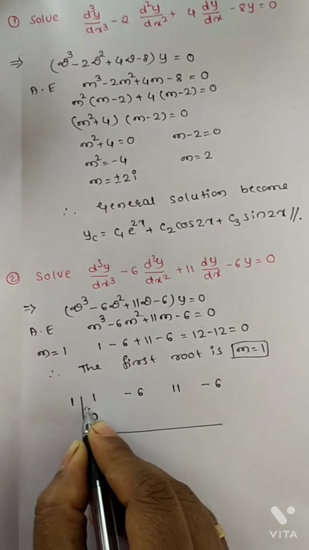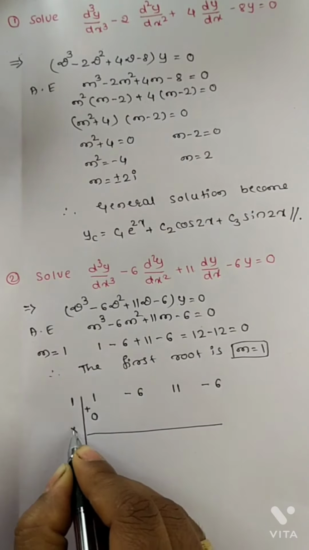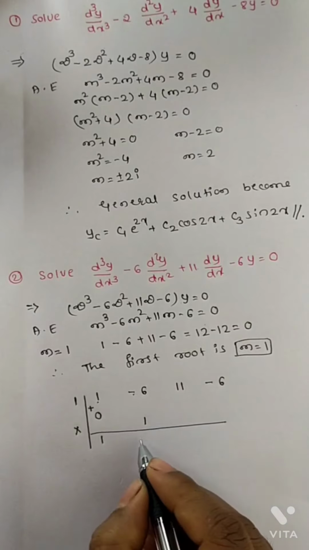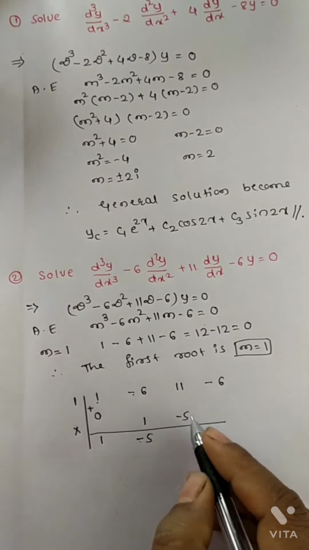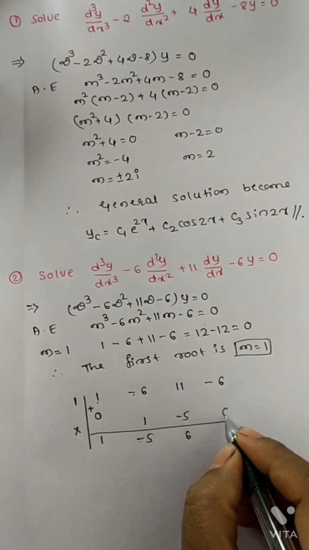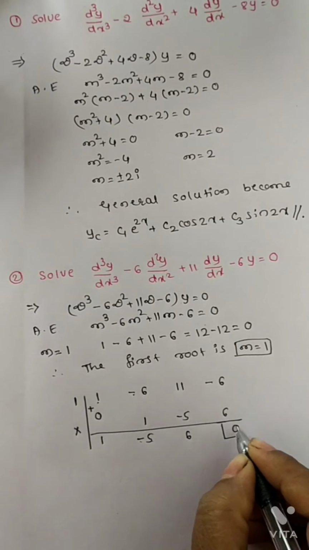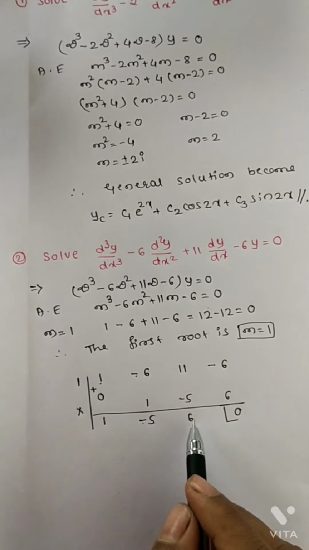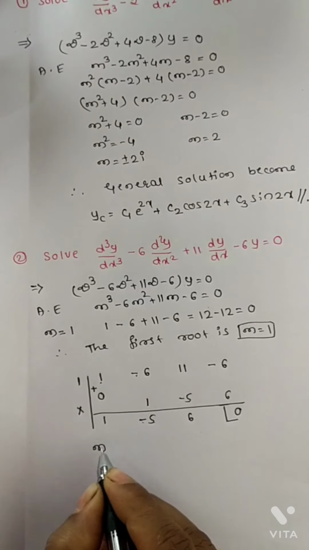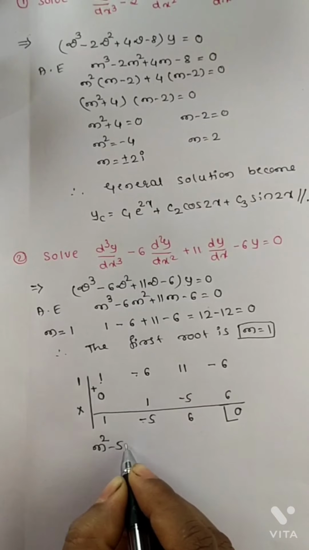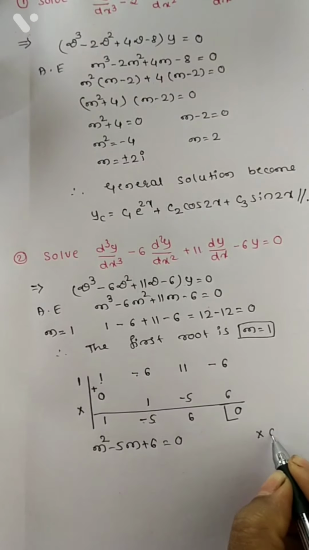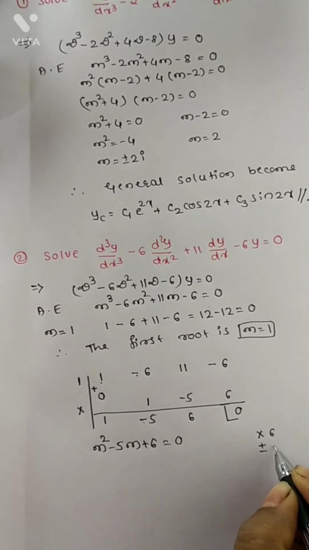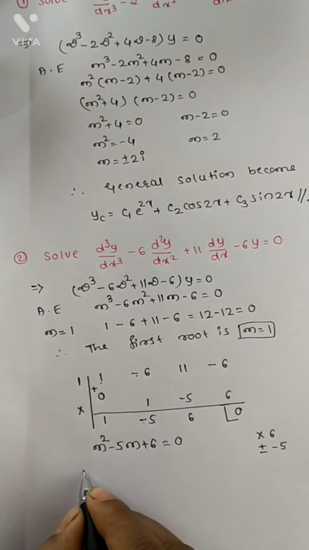Here we have to add and here we have to multiply. 1 plus 0 is 1, 1 into 1 is 1, minus 6 plus 1 is minus 5, minus 5 into 1 is minus 5, 6 into 1 is 6 and the last term becomes 0. Now we reduce one term, and it becomes a quadratic equation: m square minus 5m plus 6 is equal to 0. By multiplying we want 6, by adding we want minus 5.